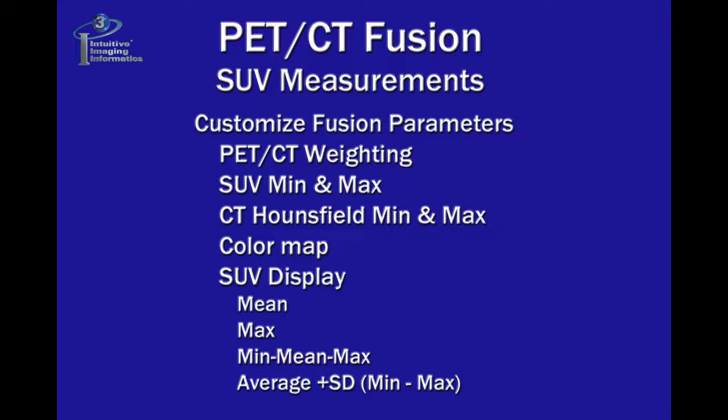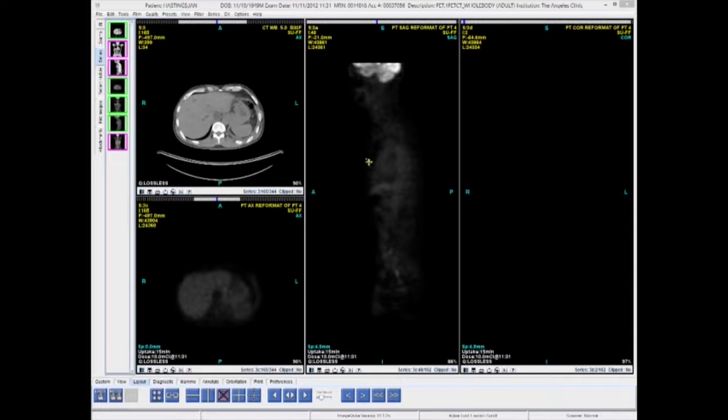PET-CT Fusion is automatically available. Studies that match accession number, medical record number, and exam date and time are automatically fused. Sagittal and coronal images are created in both the CT and the PET.